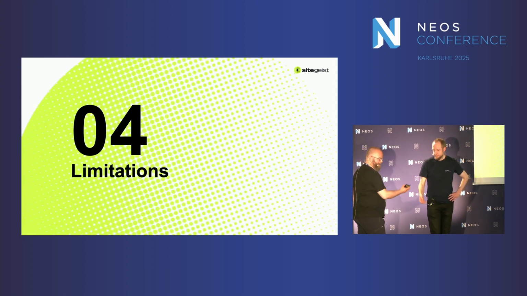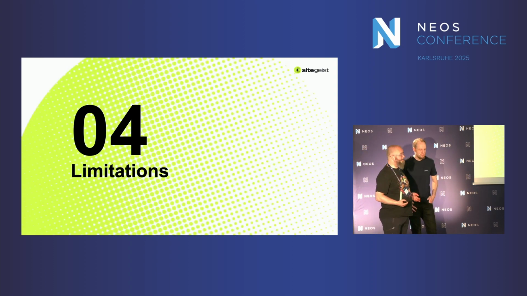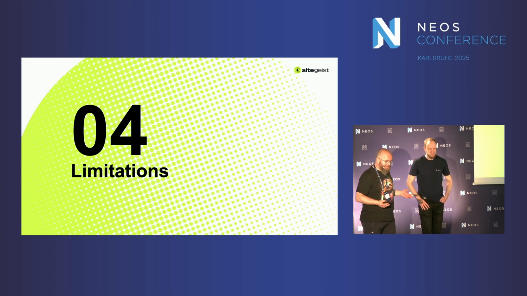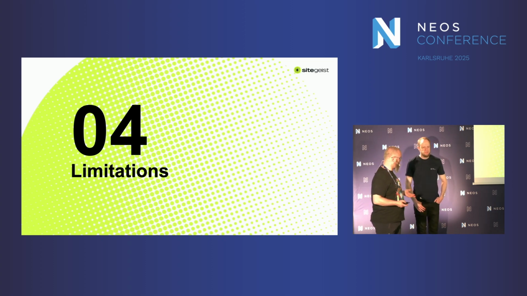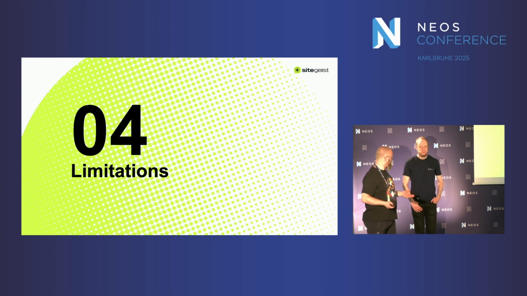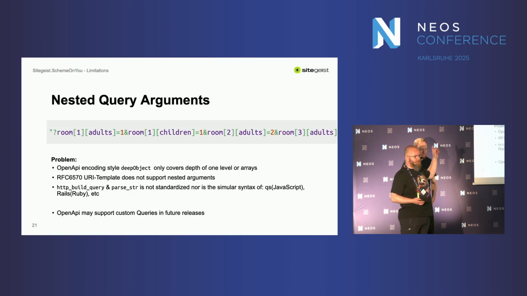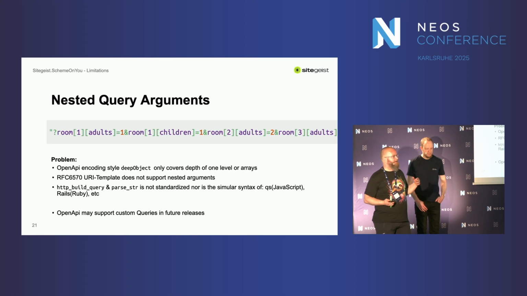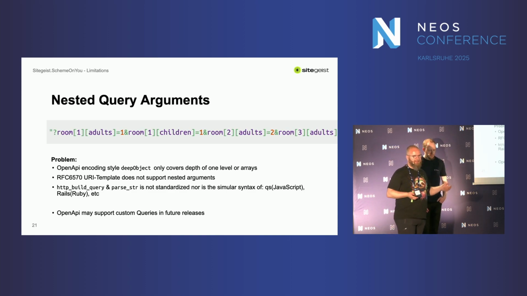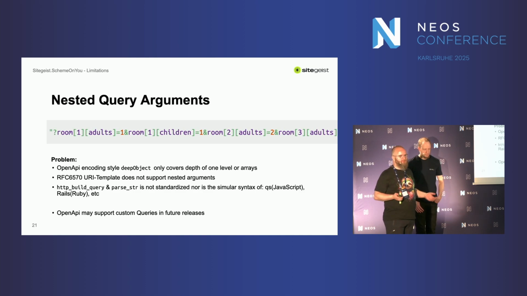So, of course, this is the best thing since sliced bread, but it still has some limitations. It cannot walk your dog. No, there is a serious limitation. You may be familiar with the parameters we all use in PHP, those square bracket things that are nested and may describe arrays of properties, and we all use them all the time.